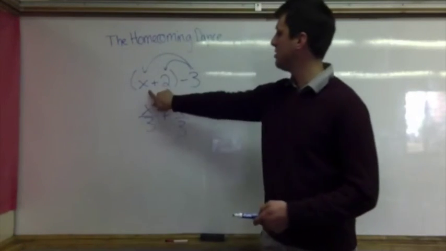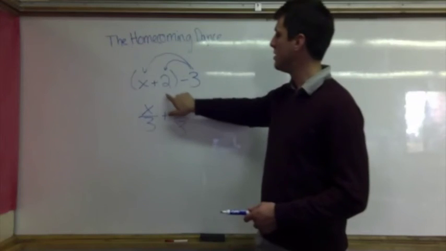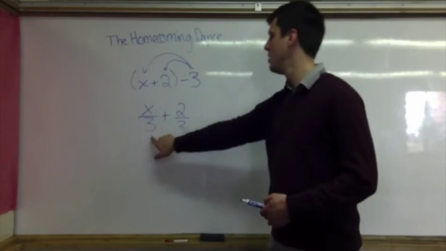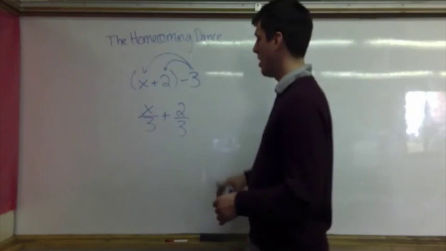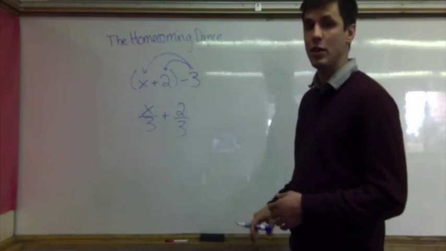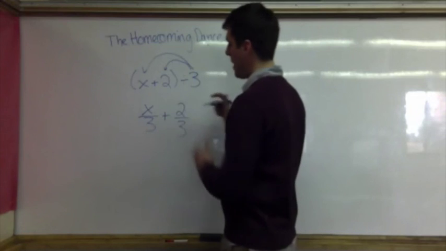So you have x divided by 3 and 2 divided by 3. Simplify them if you can. I don't think that you can in this situation. So there you have it. There's your answer.